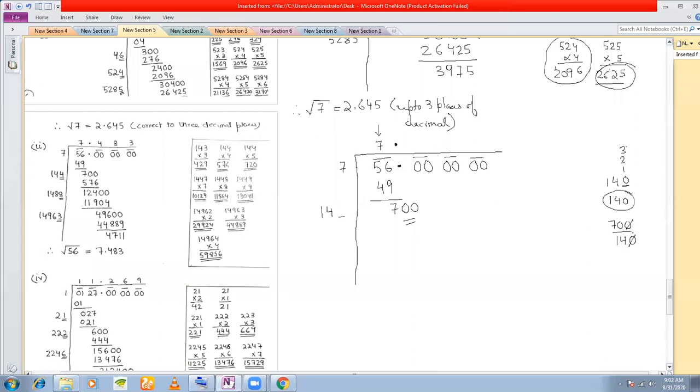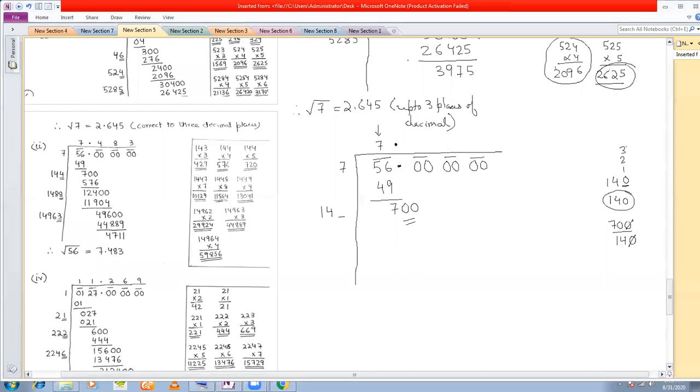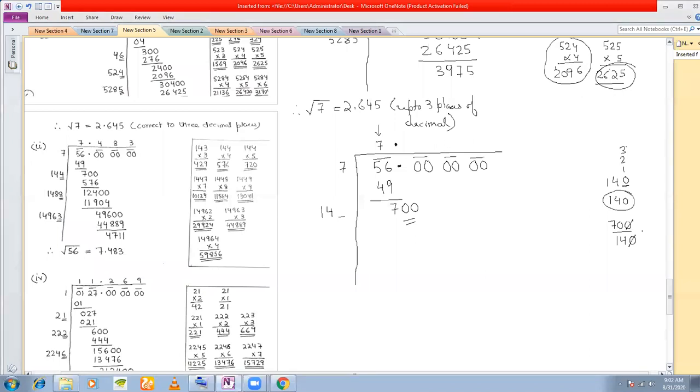So these two cancel. 70 by 14 will be very close to, yes, the quotient will be 5 or 4. 35 by 7.